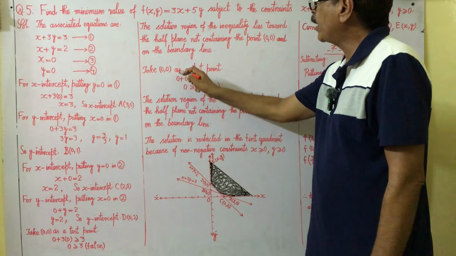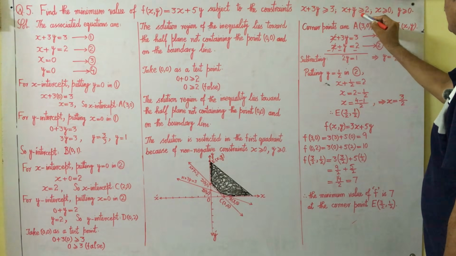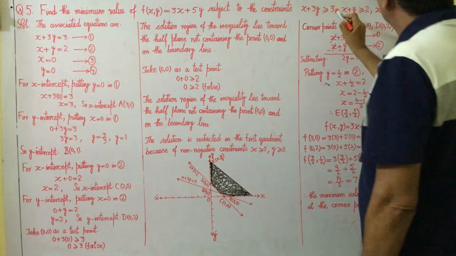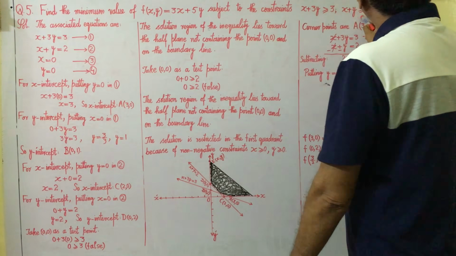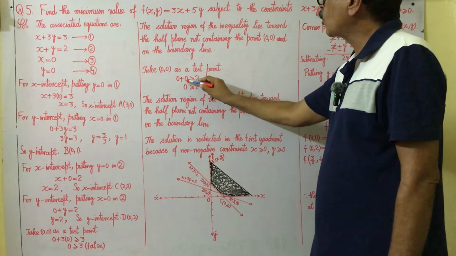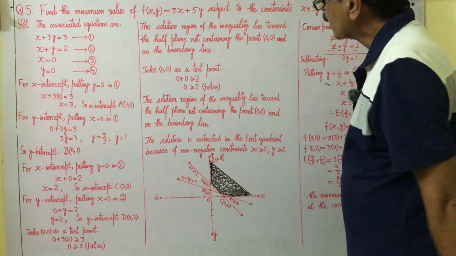Again take (0, 0) as a test point and put it in x + y ≥ 2. 0 + 0 is greater than or equal to 2? False.